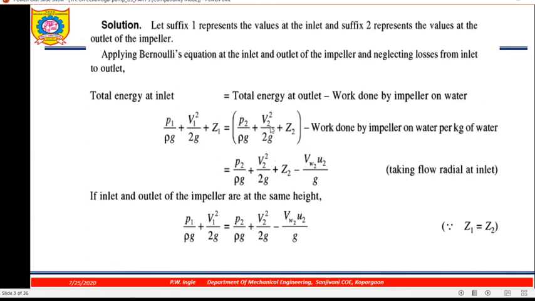So it is P2 by rho g plus V2 square by 2g plus Z2 minus work done by impeller on water per kg of water, which is Vw2 U2 by g. If inlet and outlet of impeller are at the same height, then Z1 equals Z2. So you can write P1 by rho g plus V1 square by 2g equals P2 by rho g plus V2 square by 2g minus Vw2 U2 by g.